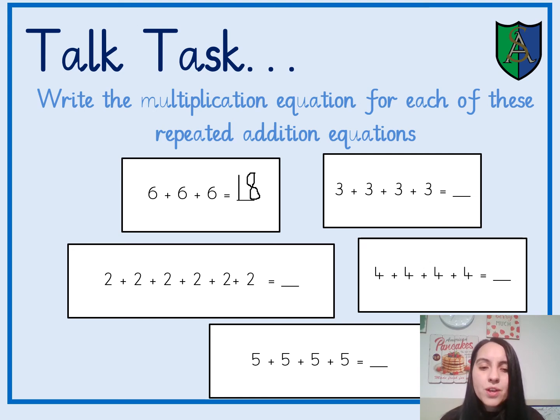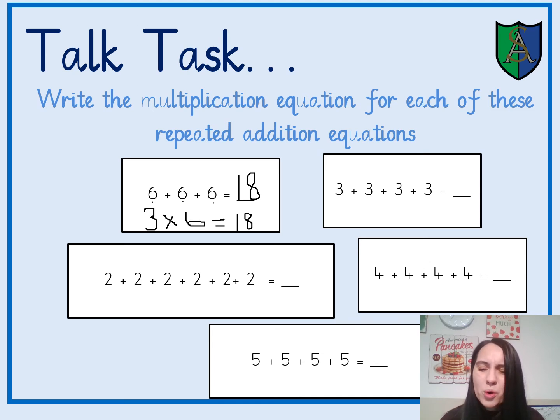So here we've got 1, 2, 3, lots of 6. Okay, so we've got 3 times by or multiplied by 6, which equals 18. Because repeated addition and multiplication are just the same.